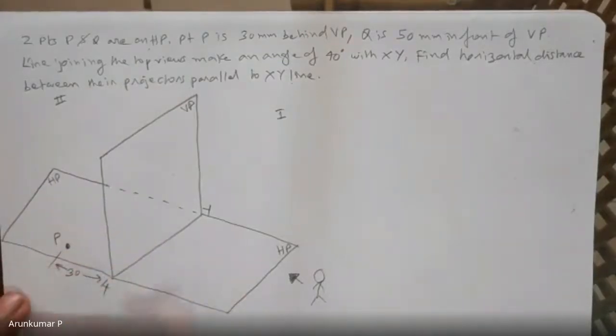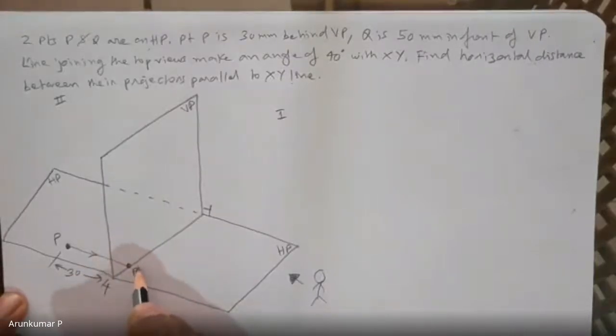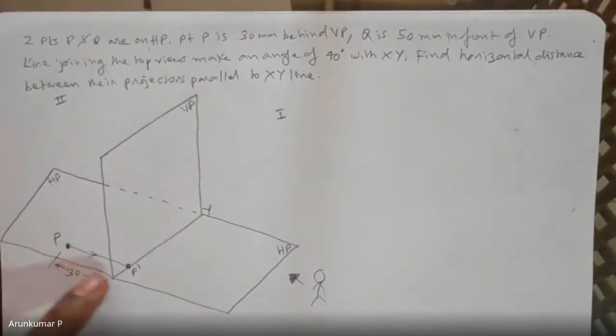So the front view of P will be on XY line. Where is the top view of P? On HP.